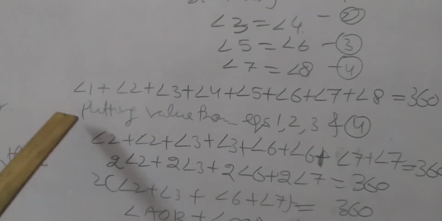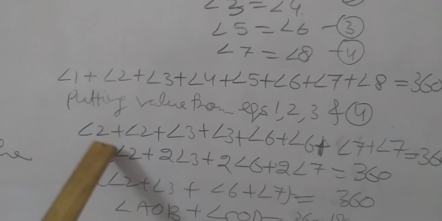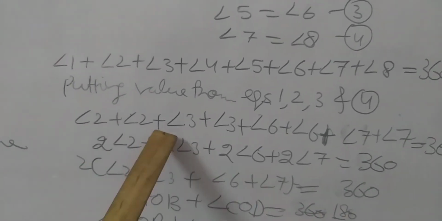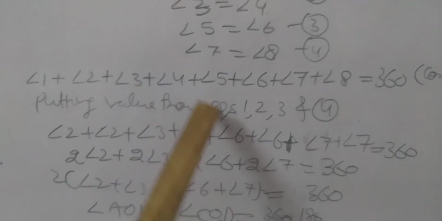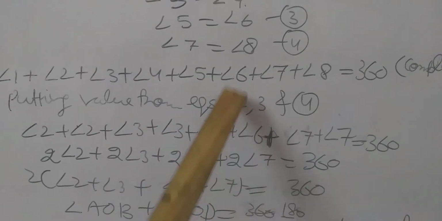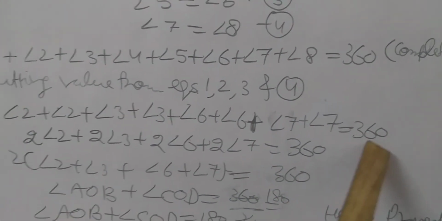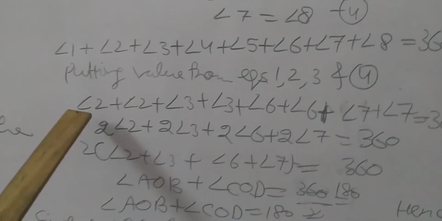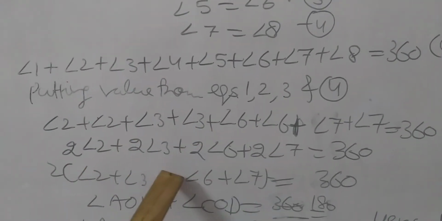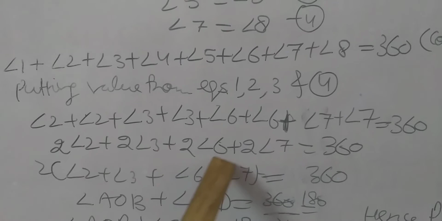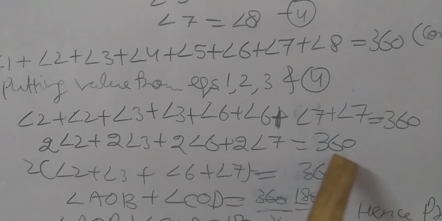So I have written here angle 2 plus angle 2, angle 3 plus angle 3, angle 6 plus angle 6, angle 7 plus angle 7 equals 360. So twice angle 2, twice angle 3, twice angle 6, twice angle 7 equals 360.